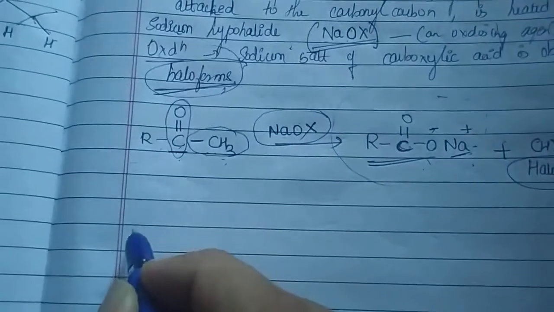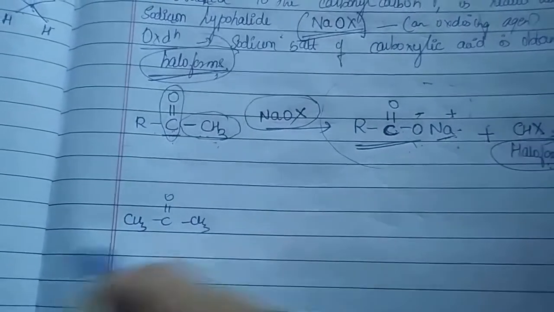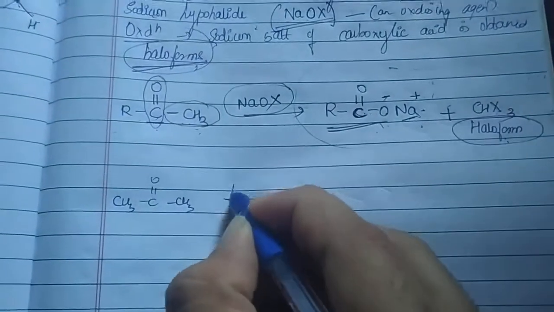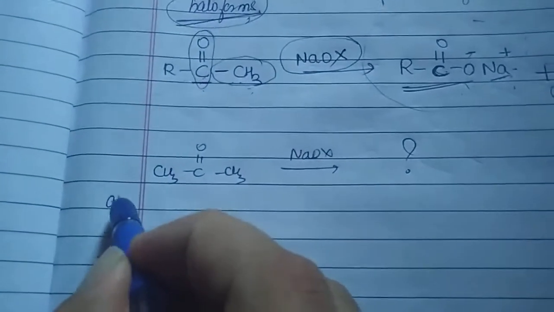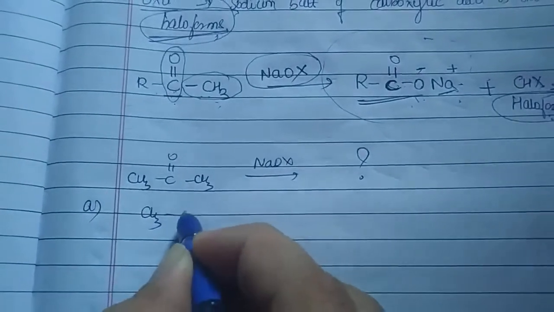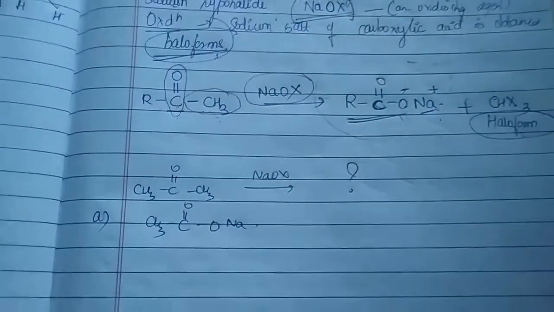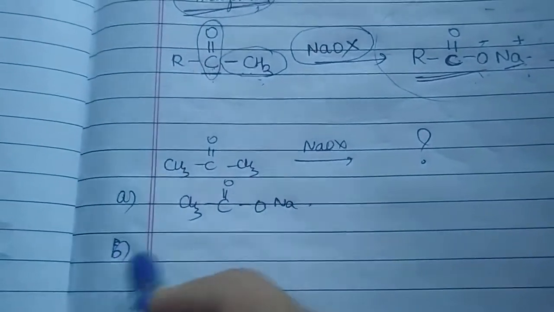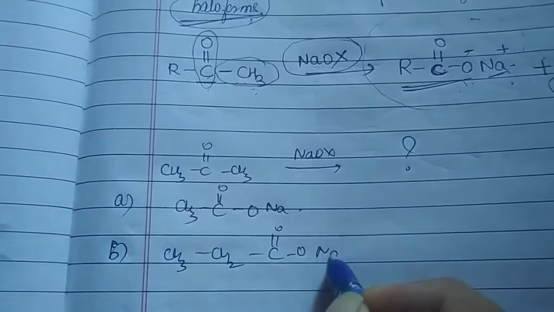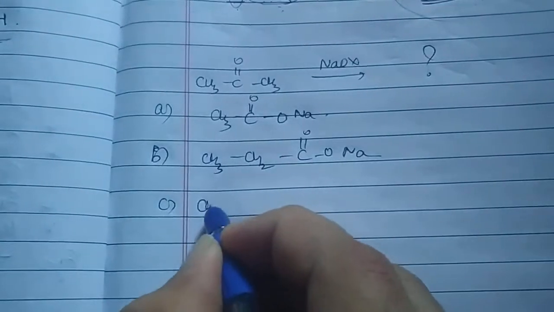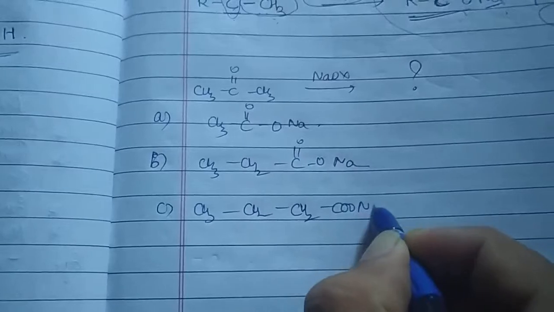For example, if I use CH3COCH3 and NaOX, they will ask you to identify the product, and I give you certain options: CH3COONa, or CH3CH2COONa, or CH3CH2CH2COONa.